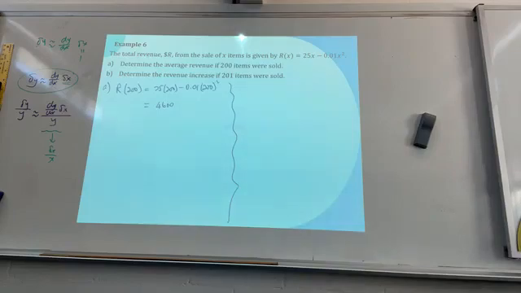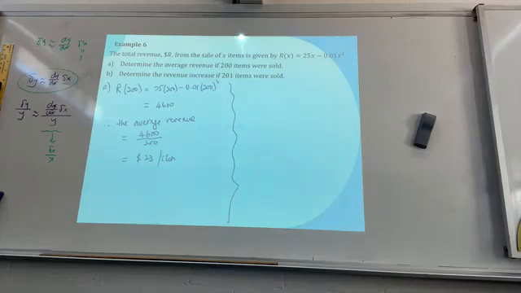So you make a revenue of $4,600. And then of course you work out what dR/dx is, or R'(x). And then the average revenue is 4600 over 200, which is $23 per item.